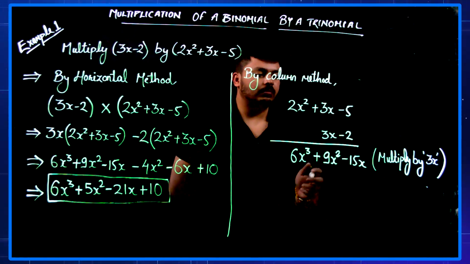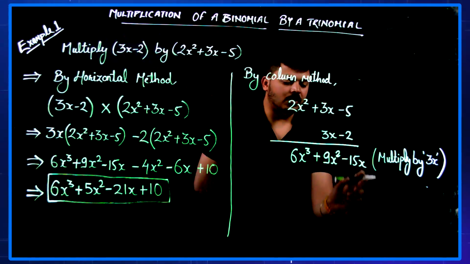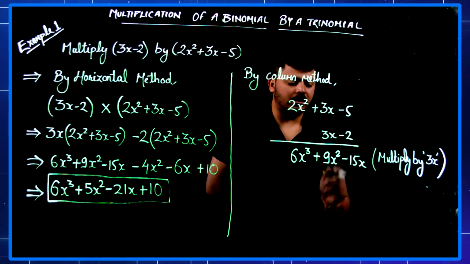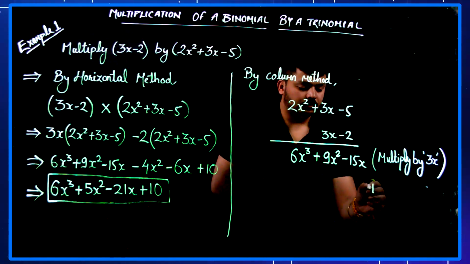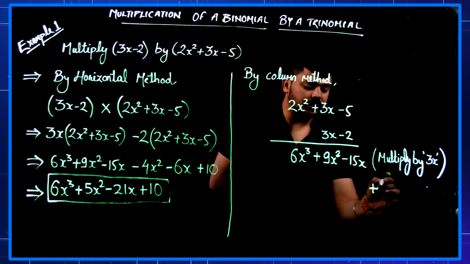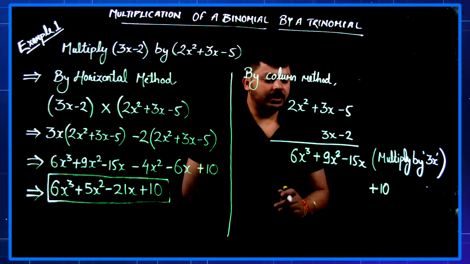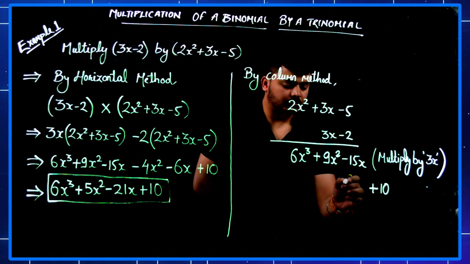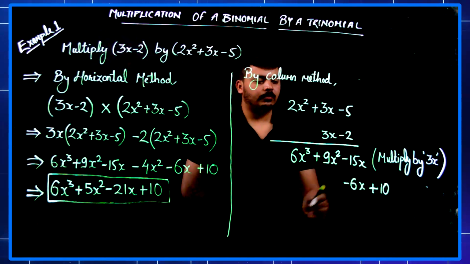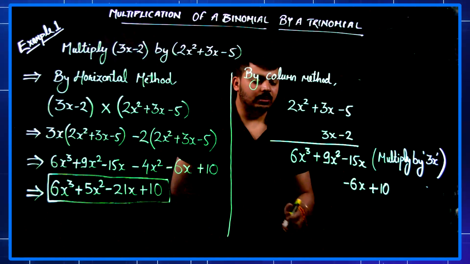So minus 2 into minus 5 gives plus 10. We create a next column where we can write the constant, that is minus 2 into minus 5 gives plus 10. Now minus 2 into plus 3x gives minus 6x. Now minus 2 into plus 2x square gives minus 4x square.